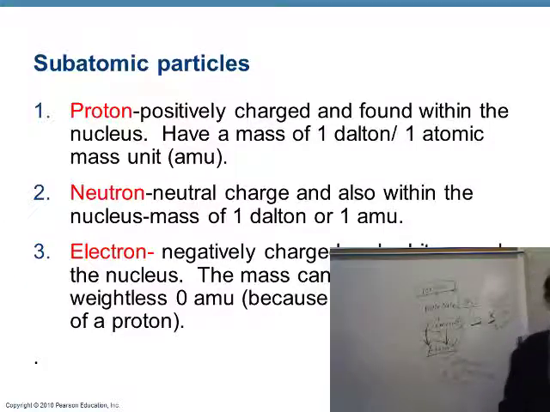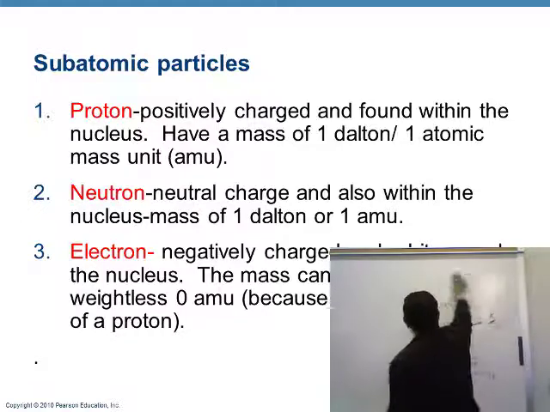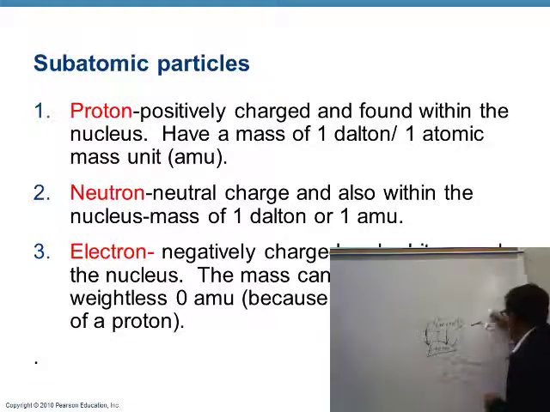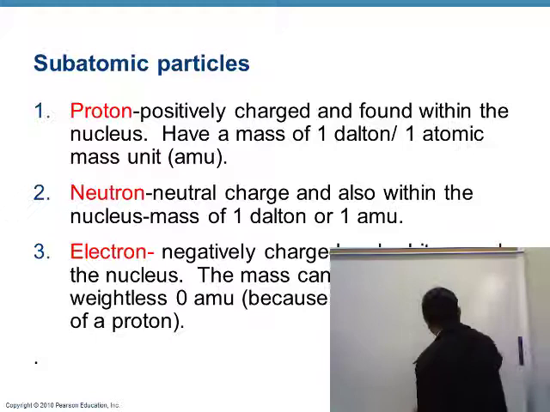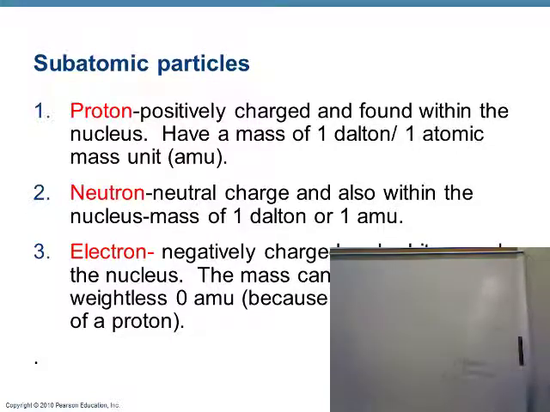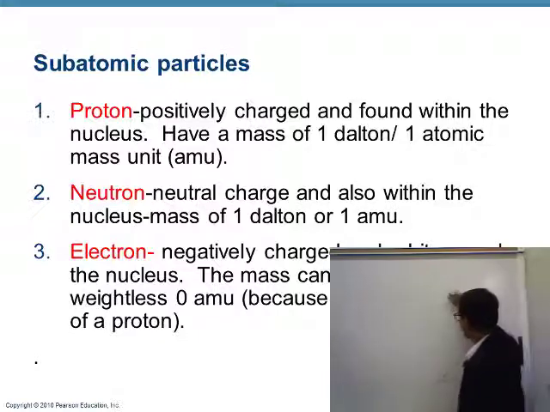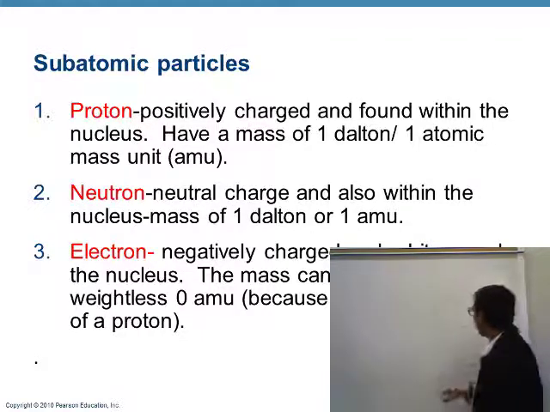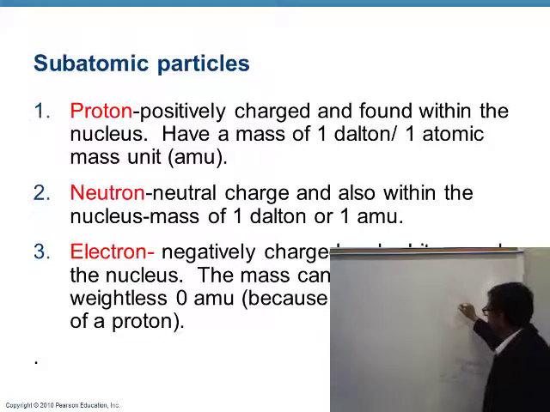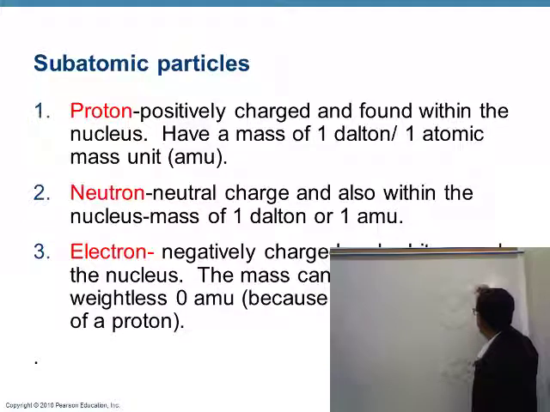Okay. Now we will see where these subatomic particles are located. If you see an atom, it has a nucleus in the center and a shell, which is the outer part. Okay, and this is the nucleus.